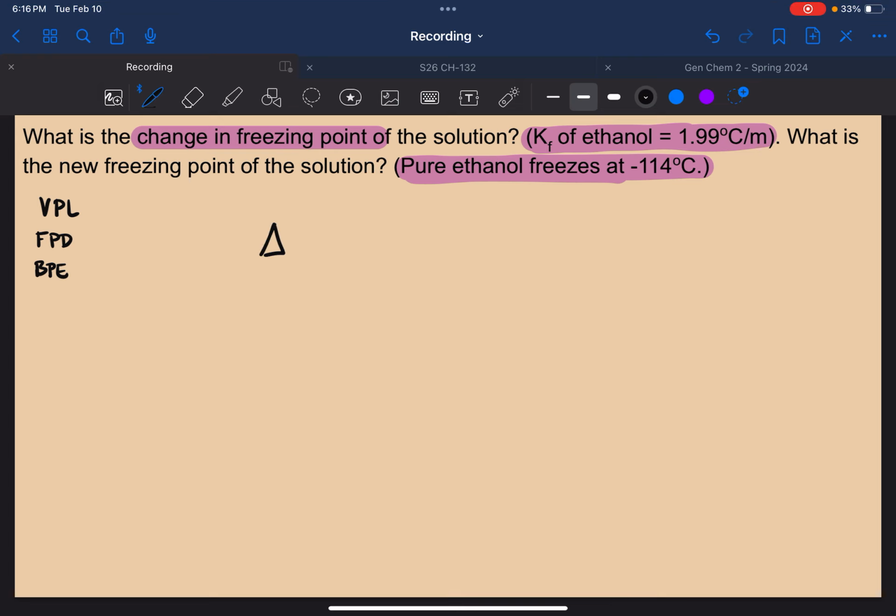Now, this will be on your formula sheet, but it's not a hard formula to remember. We have the change, remembering that delta means change, in the freezing temperature is equal to this constant KF, which is given to you, times the molality of the solution. Sometimes this will be written this way to take into account Van 't Hoff factors for ionic solutions, where when you dissolve 1 mole of something, you might get 2 moles of particles or 3 moles of particles, depending on the stoichiometry.